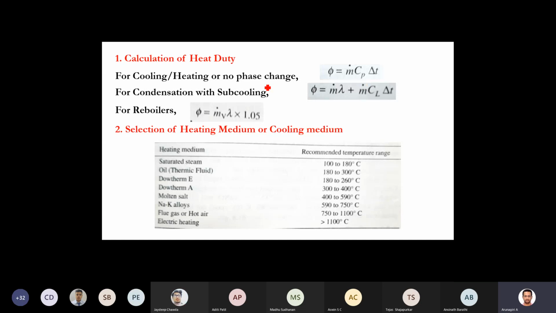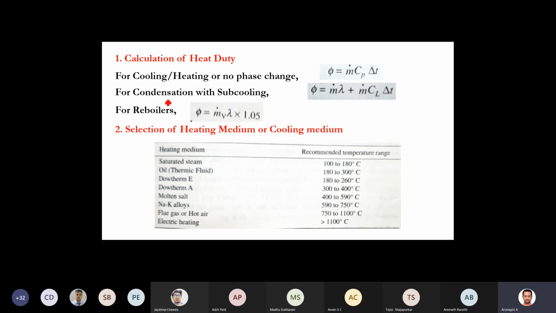The objective of the exchanger may be heating or cooling. If it is cooling, the hot stream has to be brought down to the required temperature. Heating means the cold stream temperature has to be raised to the target temperature. So we can calculate the heat duty based on the objective.